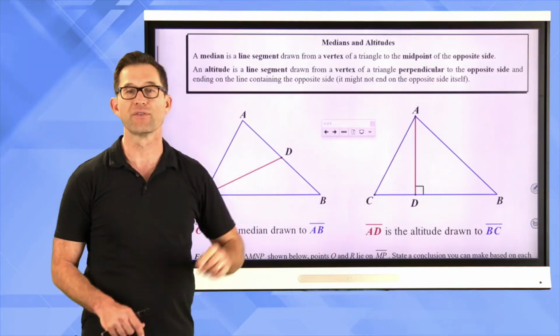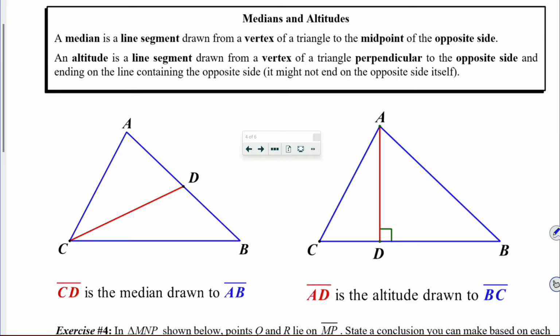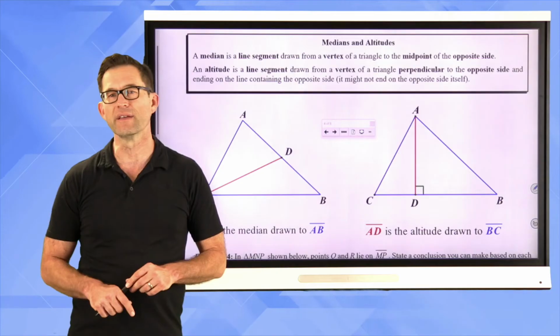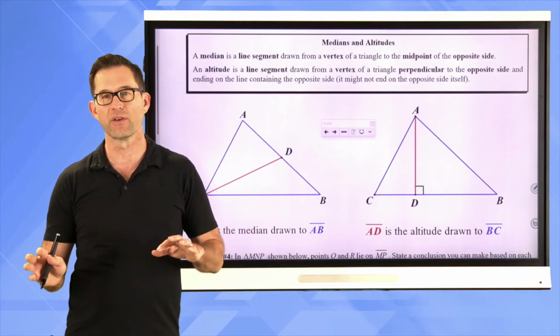Now let's talk about an altitude. An altitude is a line segment drawn from a vertex of a triangle, perpendicular to the opposite side, and ending on the line containing the opposite side. It might not actually be the opposite side itself, depending on whether the side you're drawing it to has an obtuse angle or an acute angle.